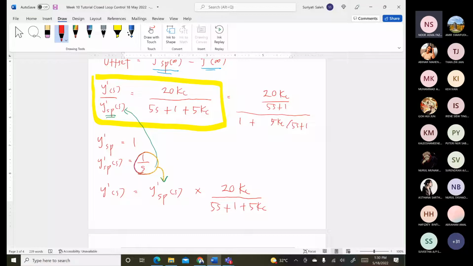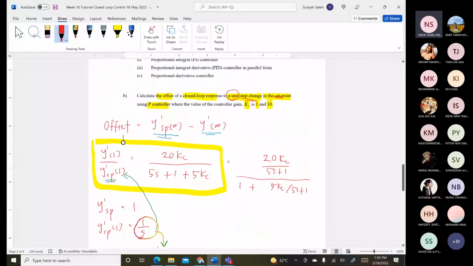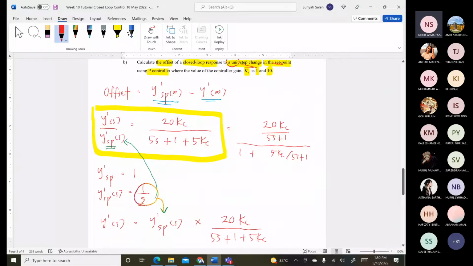And then we know that the initial value, the controller gain has been given where kc equal to 1.